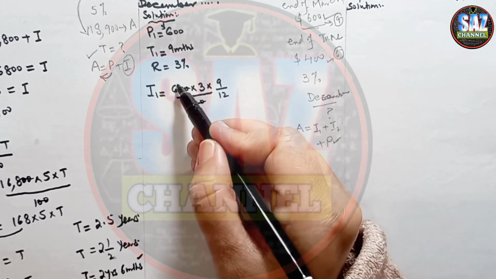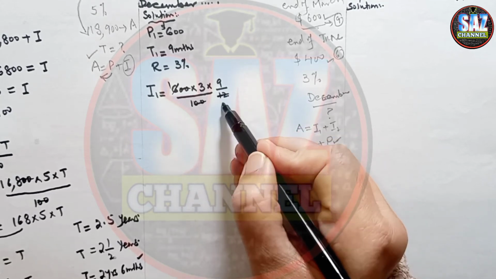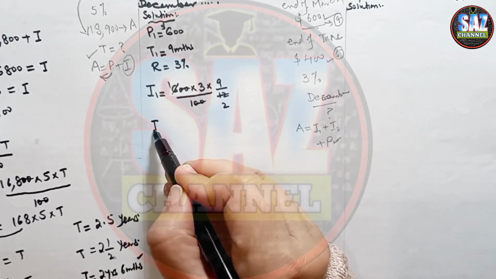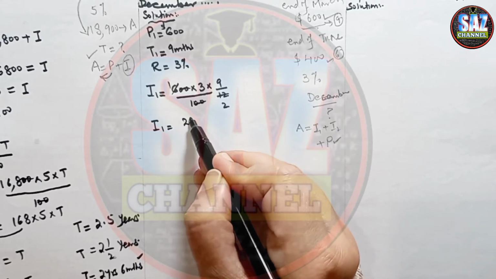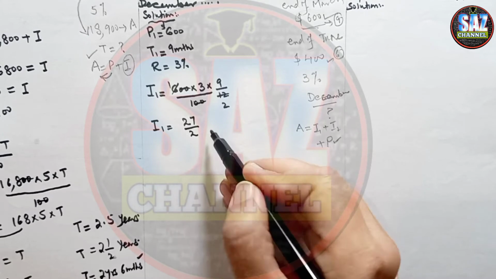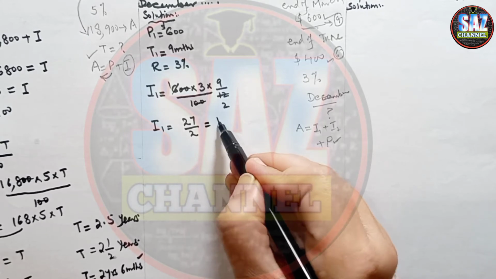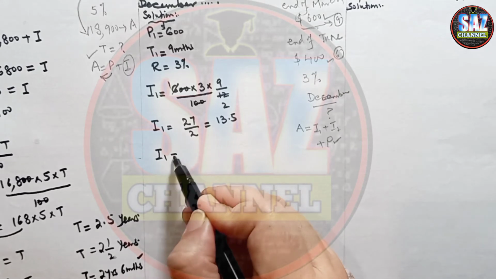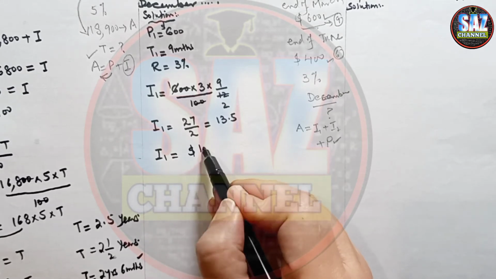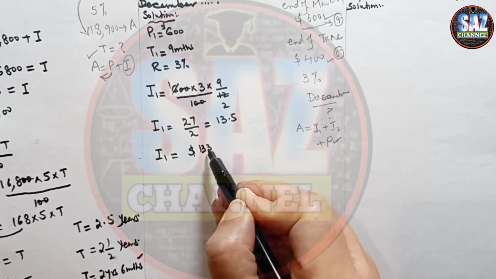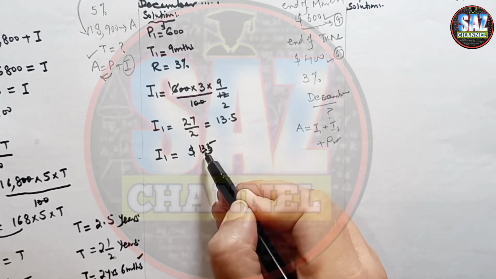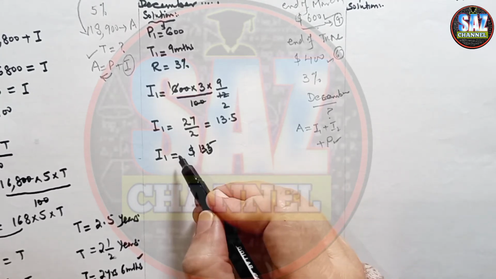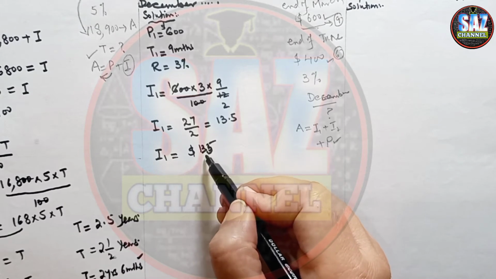Then 6 ones are and 6 twos are, and I will be left with 27 by 2, and that is $13.5. I1, interest one, is 13.5.